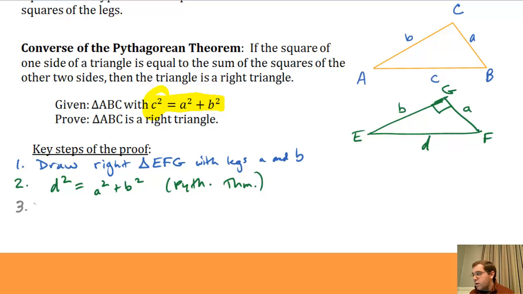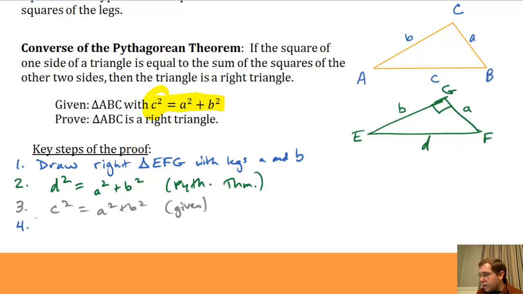Okay? I was given this equation, C squared equals A squared plus B squared. I was given that information. I know that's true about the top triangle. So that means D squared is A squared plus B squared, and C squared is A squared plus B squared.